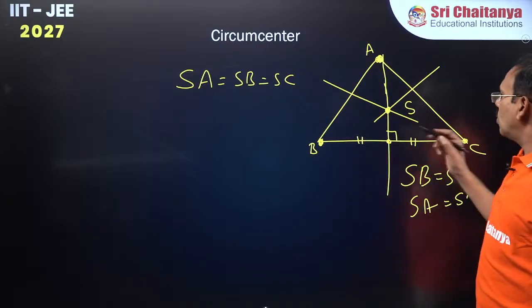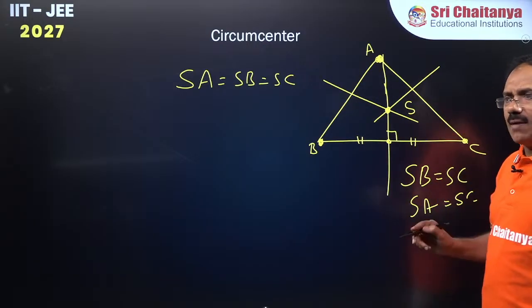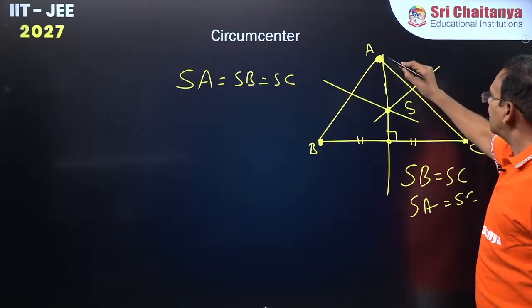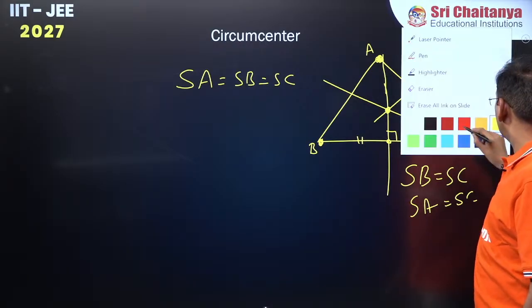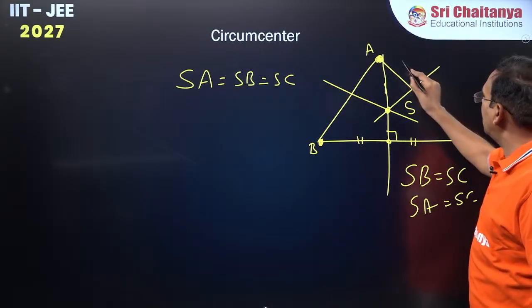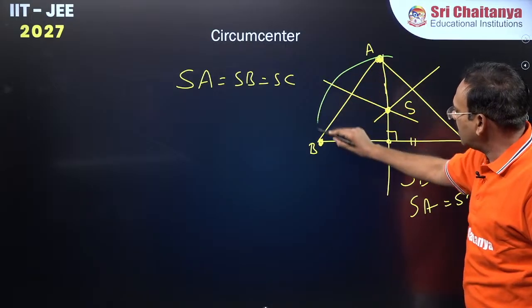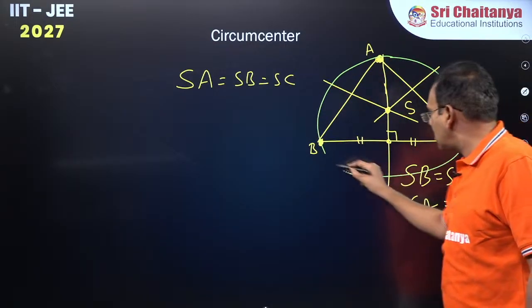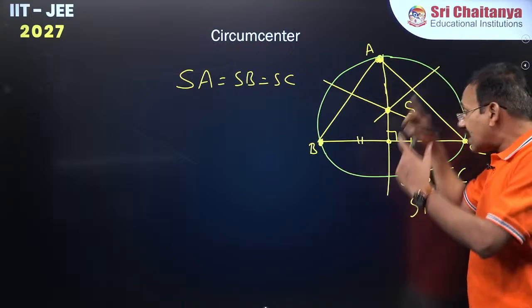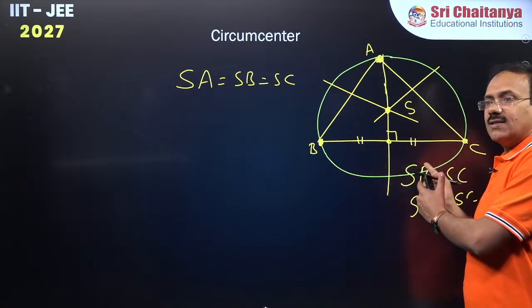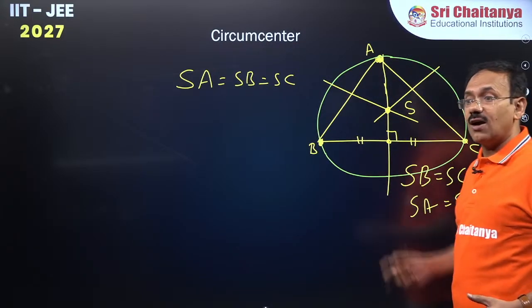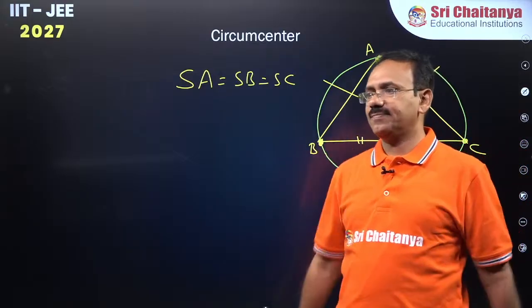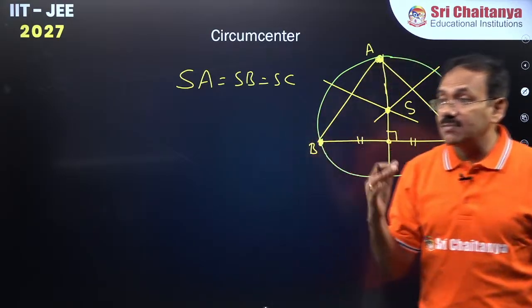So now you take a compass, take this point as center, this distance as radius. You just try to draw a circle. The circle is definite, because of the same distance, it will pass through B, C, A. You see, the circle is outside, the triangle is inside, so the circle is called the circumcircle.